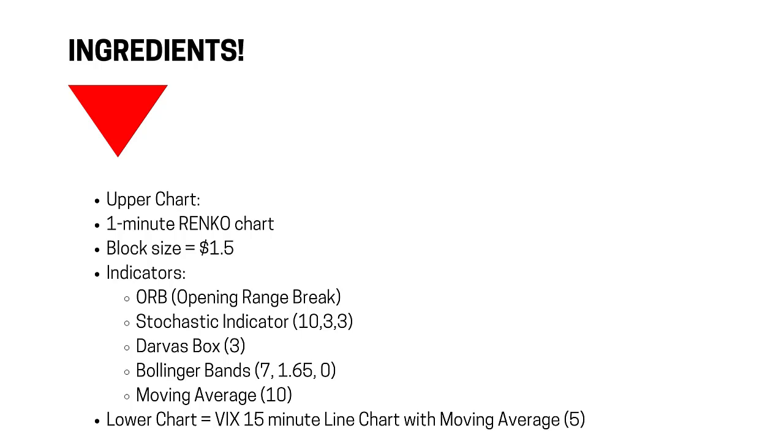Here are the ingredients of the strategy summarized. Remember, the upper chart is a 1 minute Renko chart, using a block size of 1.5. Indicators: we've got the ORB, the opening range breakout; the stochastic indicator set to 10, 3, 3; the Darvas box set to 3; Bollinger Bands 7, 1.650; and a moving average of 10. On the lower chart we've got the VIX, a 15-minute line chart with a moving average of 5.